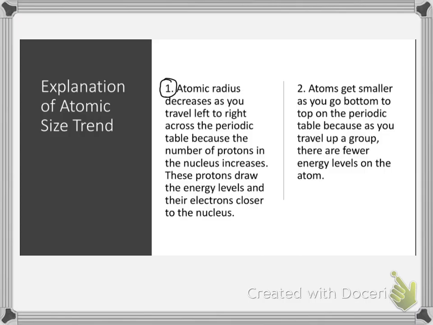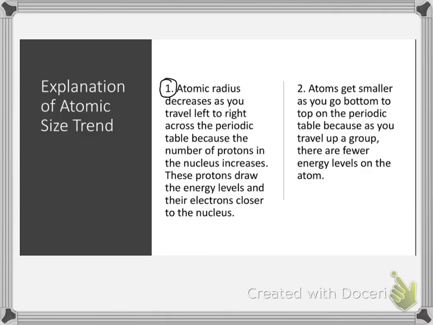So there's 2 factors. One is that the nuclear charge is increasing, and 2, which is also important, they have to be together, is that the outer electrons are all in the same level, and that level is being pulled closer to the nucleus. And we talked about energy levels in the previous chapter.